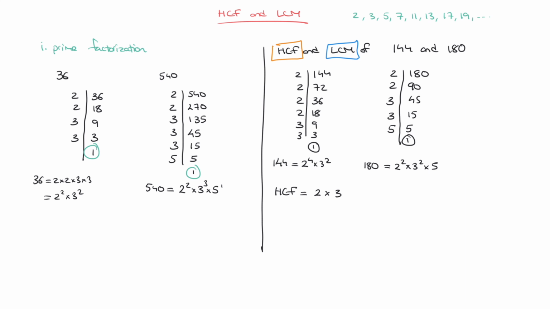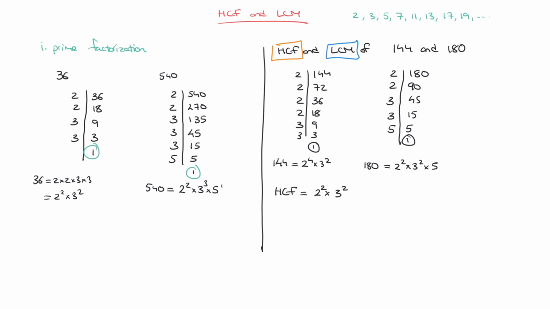Now, for the highest common factor, you look for the smallest or lowest power of each of these factors you can see. So the smallest power of 2 that I see here is 2 to the power of 2. So that's what will go inside the HCF, okay? The smallest power of 3 that I see, well, actually, they both have the same power of 3, so there's no doubt here. It's 2 as well.